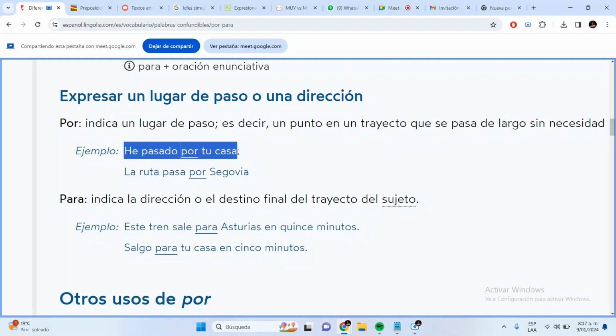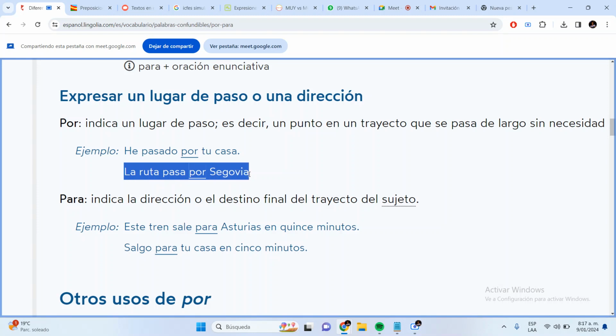That is that I walked by your house, like I didn't stop there. And the same here: la ruta pasa por Segovia. So that route is not going to stop in Segovia, but it's going to go by Segovia.